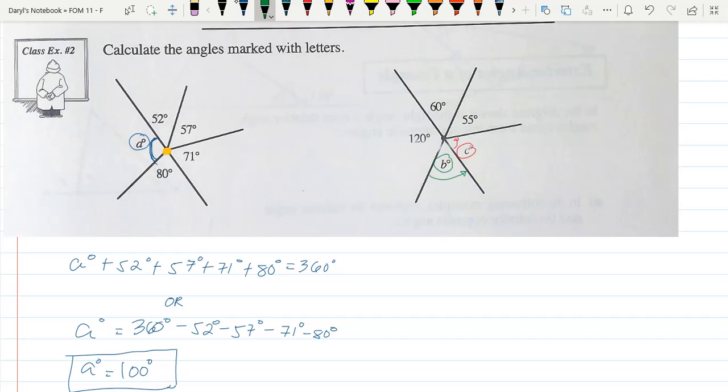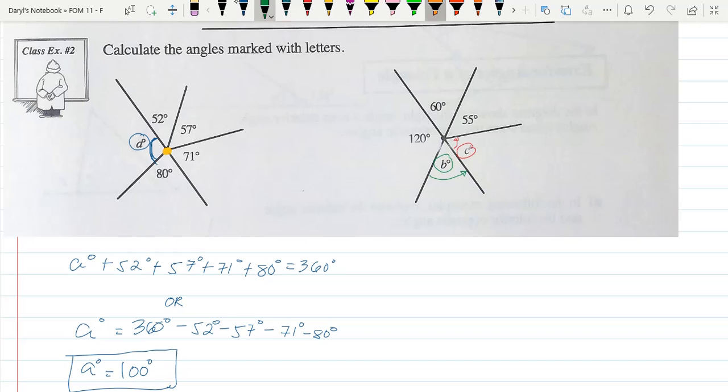Unlike in the first one where we only have to get angle A, here you have two unknown angles. So we make use of what we know from the previous discussion.